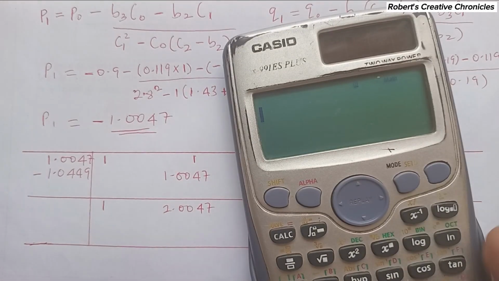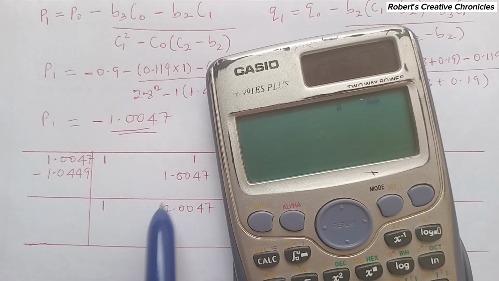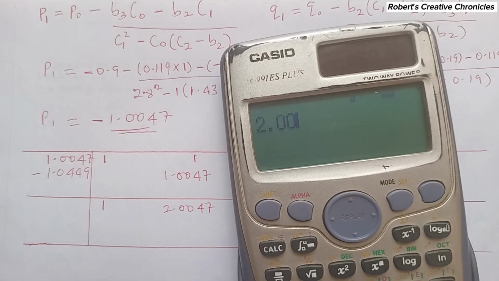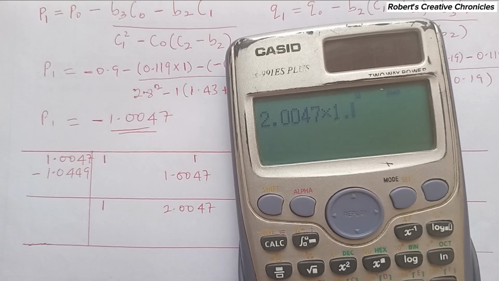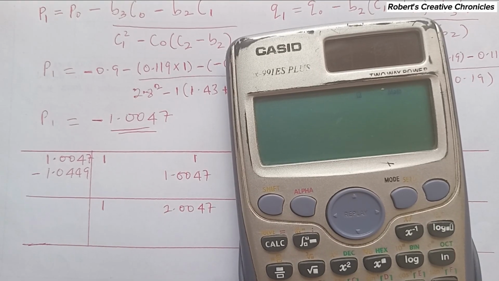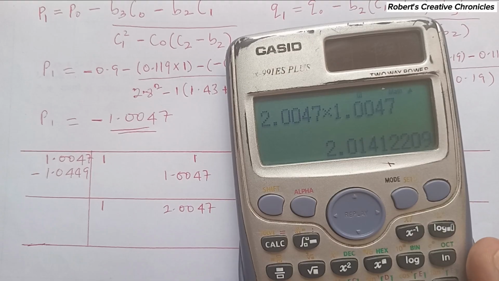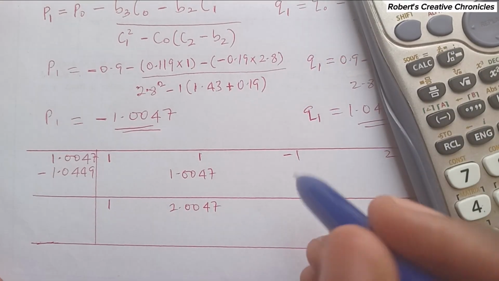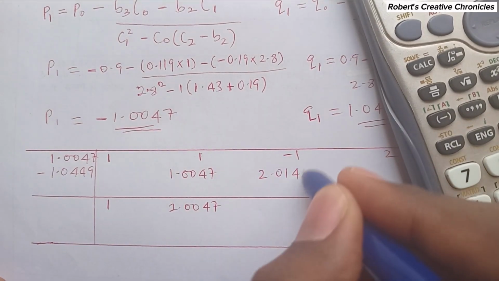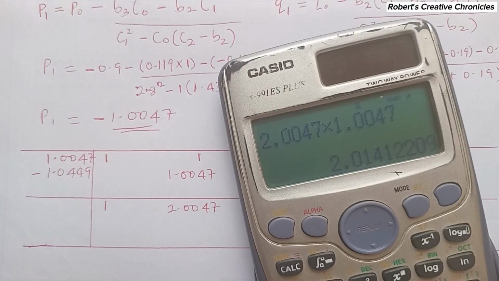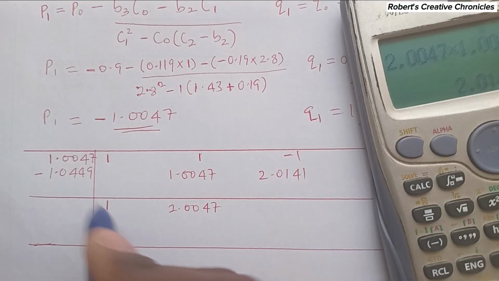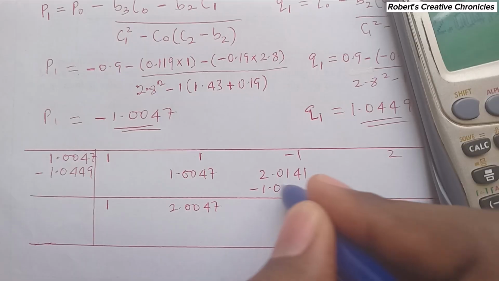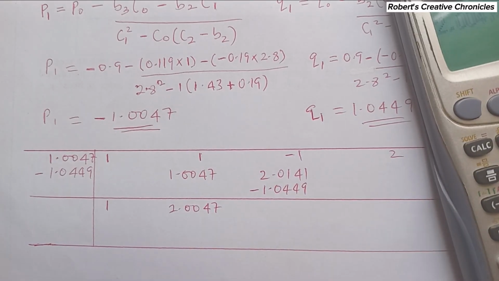Then now we'll multiply this by this and this by this. So it will be 2.0047 times 1.0047, which is 2.0141. Then here is negative times this, so it's minus 1.0449.